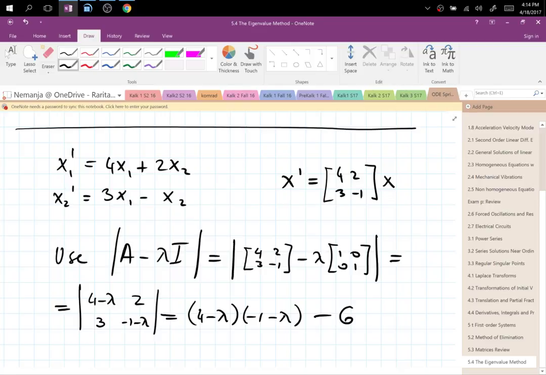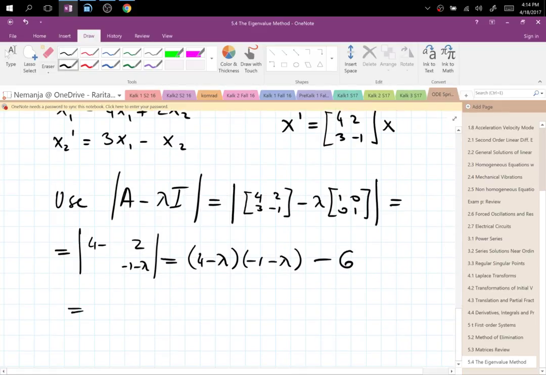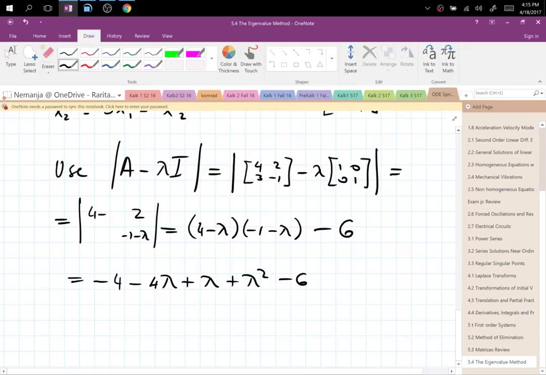And all you need to do now is to just FOIL everything, subtract 6, and you're done. So when we FOIL, I have negative 4 lambda, plus lambda squared, minus 6. Put it in decreasing order, so lambda squared minus 3 lambda minus 10.